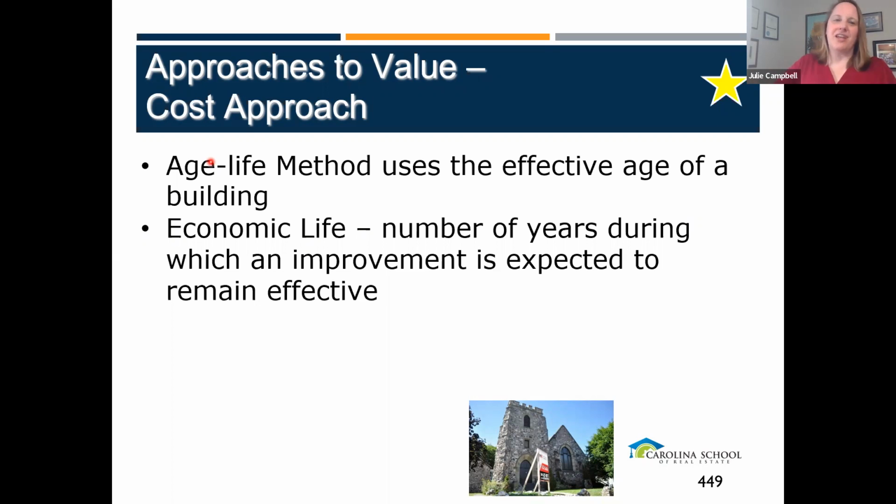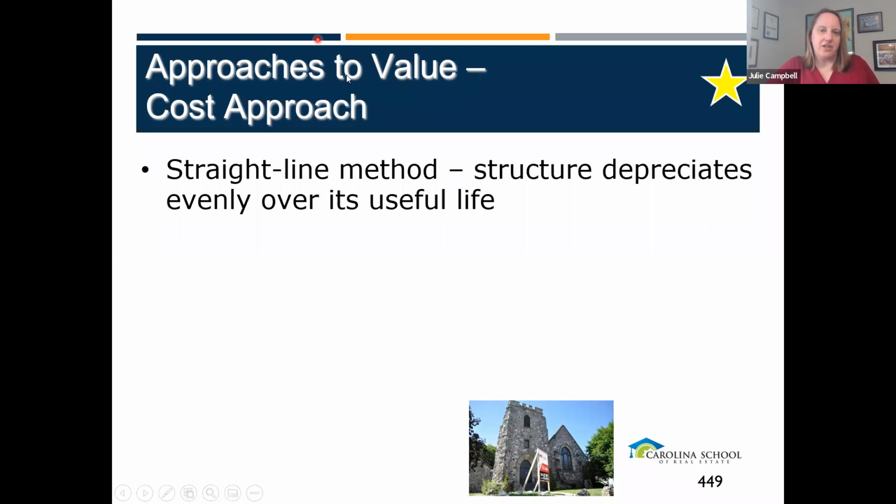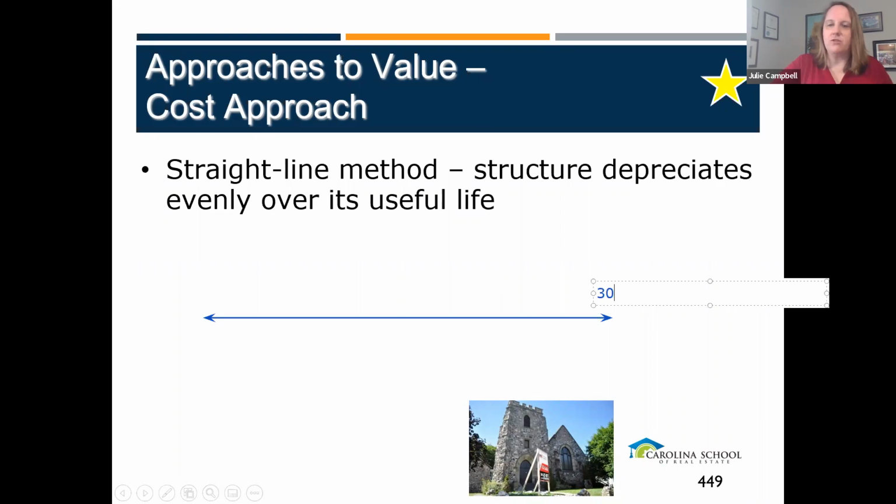When it comes to depreciation, probably the most common tool to help the appraiser and the accountant determine depreciation is straight line depreciation. Straight line depreciation says that the structure depreciates evenly over its useful life. Let's say its useful life is 30 years. That means it loses the same value every year, whether year 1, year 12, year 20, or year 27.